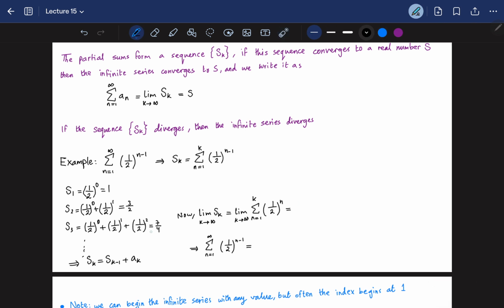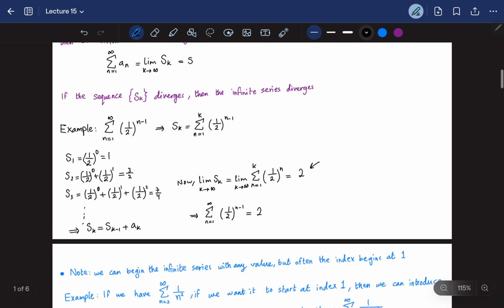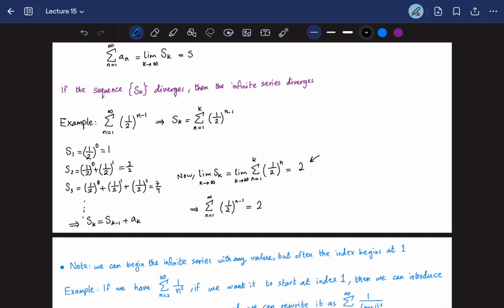Once you simplify all of these terms and get a general form, this limit would go to 2. So my infinite series goes to 2. We'll see how we're going to calculate this in an example that I'm going to do in a bit.